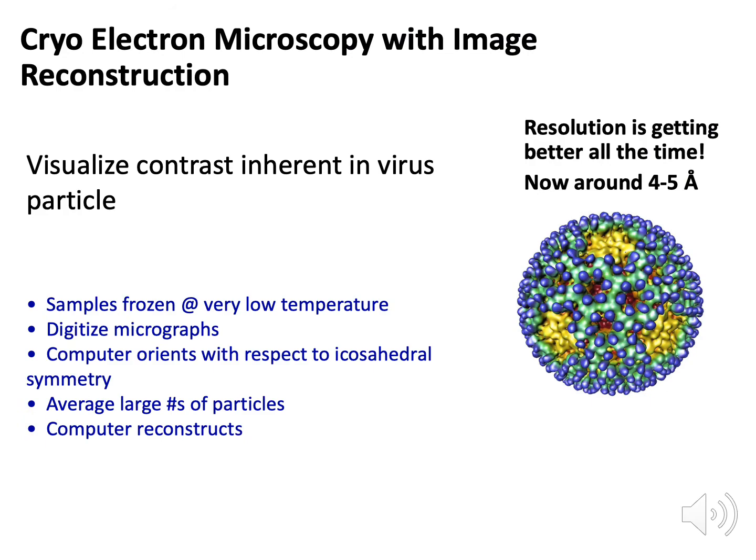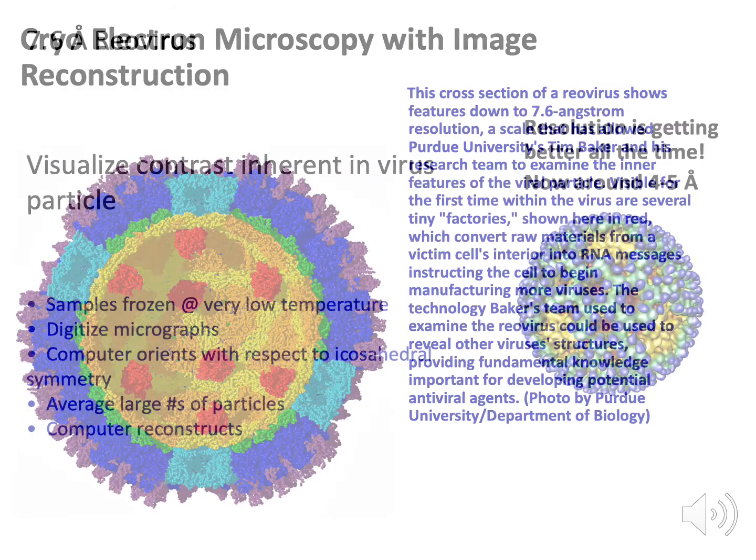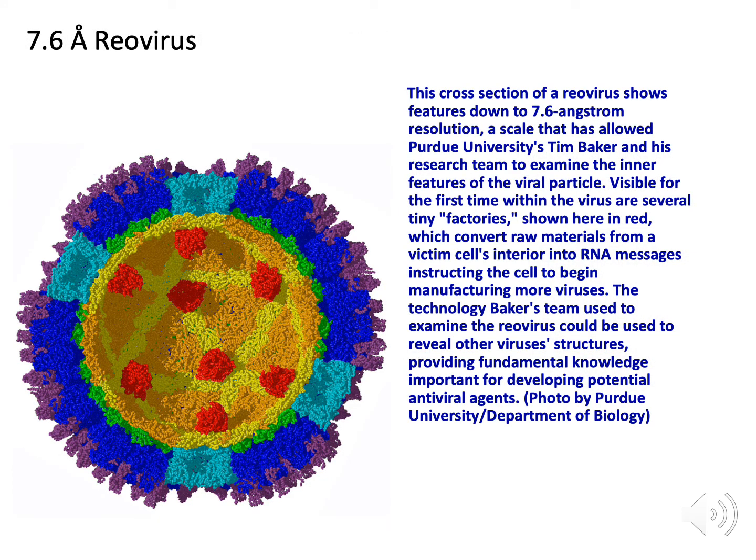Sort of next down in the resolution, this is a cutaway view of the inside of a reovirus particle. And so you'll remember that I showed you on a previous slide what the transcriptionally active core looked like. That's what's delivered into the cytoplasm.